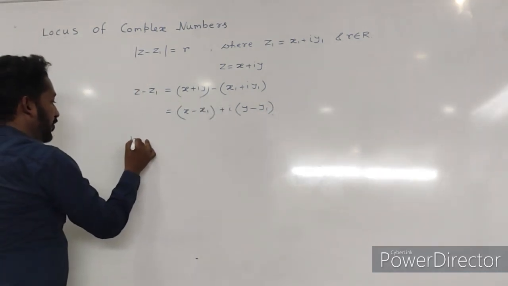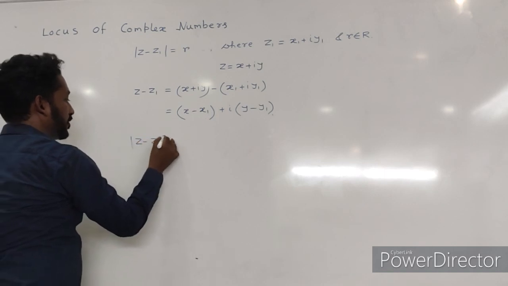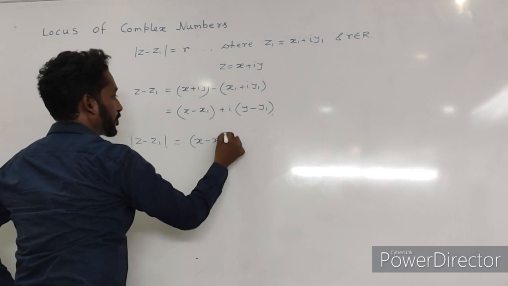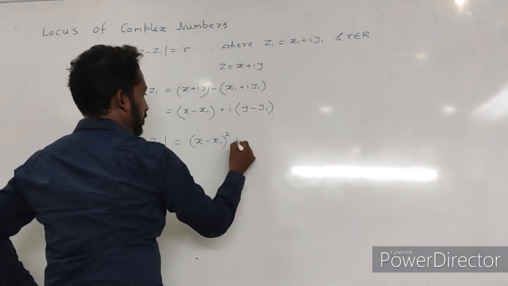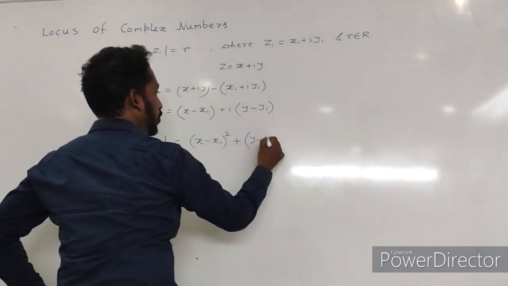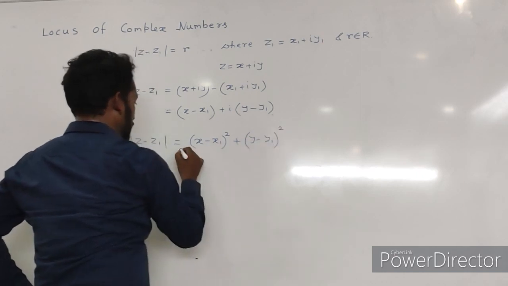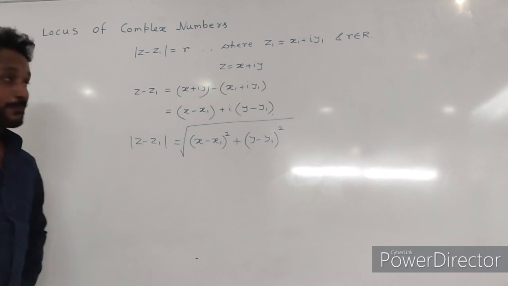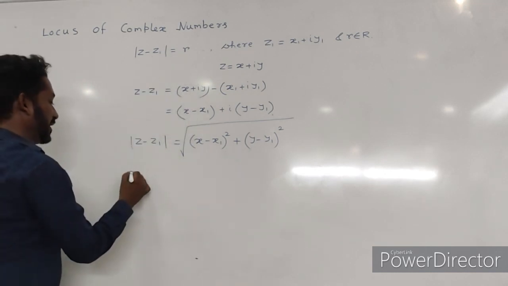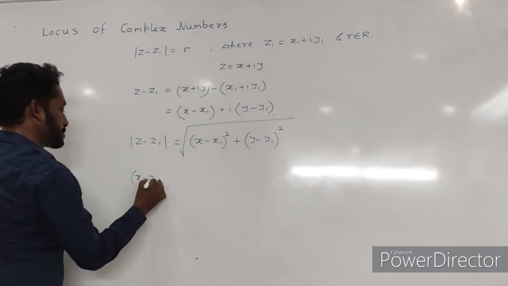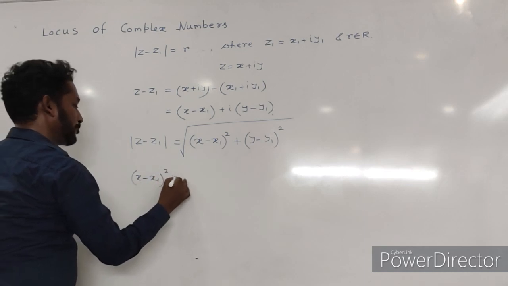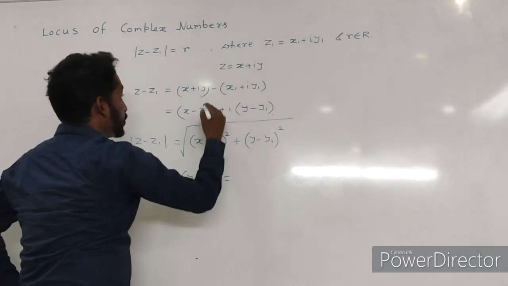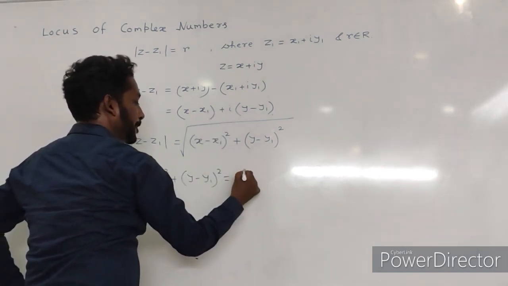So modulus of z minus z1 will come out to be square root of x minus x1 whole square plus y minus y1 whole square. That we know already. So this equation is nothing but x minus x1 whole square plus y minus y1 whole square is equal to r square.